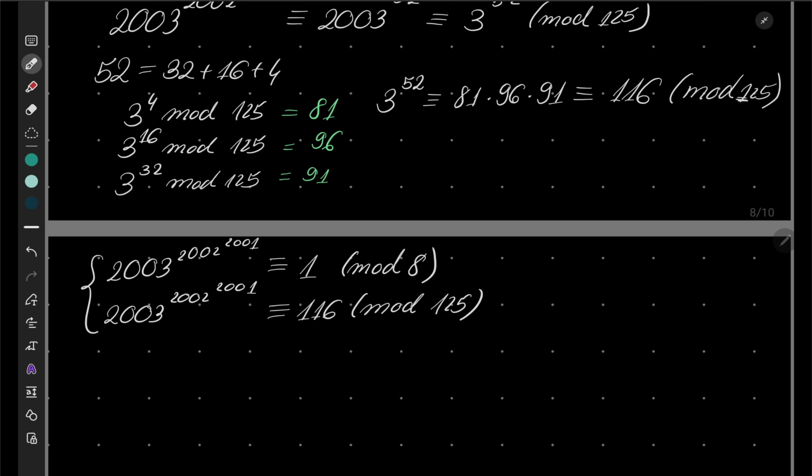Again, we have to make use of the Chinese remainder theorem to find the unique number between 0 and 1000 such that both of the following congruences are satisfied.